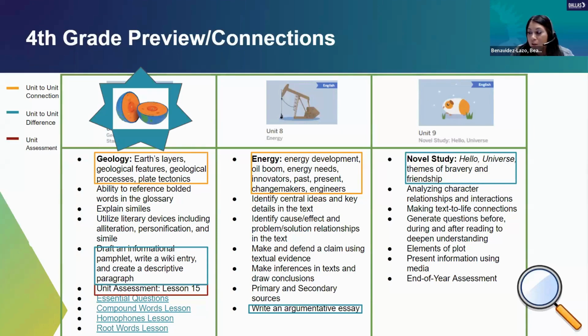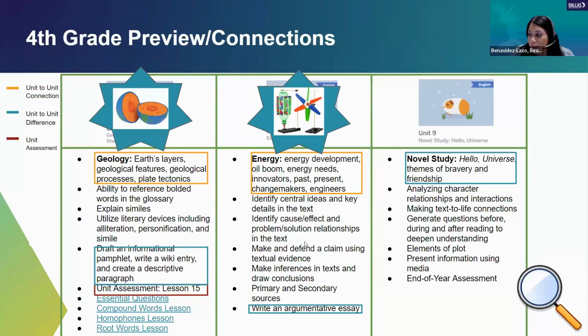And as part of Unit 7, we see the Earth's layers. So as you're going through the unit, here's a manipulative or a model that can be shown to students. And then there's going to be another one in Unit 8, and this is going to be a wind turbine model. And so for that unit, you're able to check out that model, read about wind turbines, about energy, and then have a model to show as well.